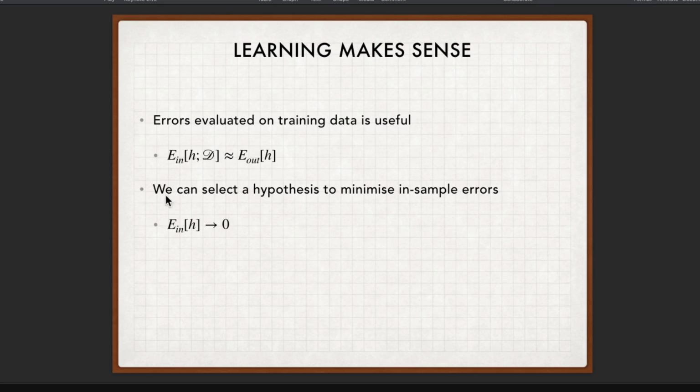Second, in the hypothesis family, we will be able to select some hypotheses to minimize the in-sample error. So we need to minimize this and drive it close to 0. When we drive this close to 0 and we have some kind of guarantee that this is close to that, we actually hope that the out-of-sample error of H is close to 0.